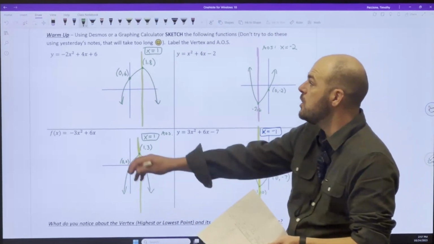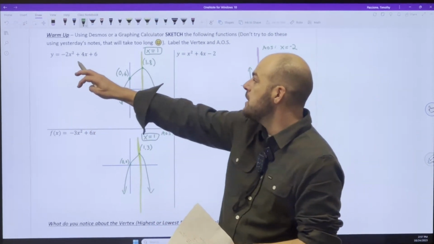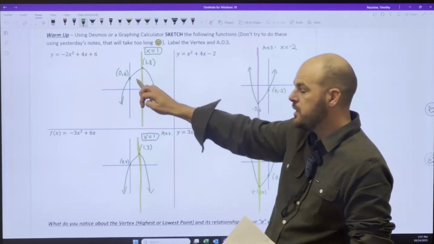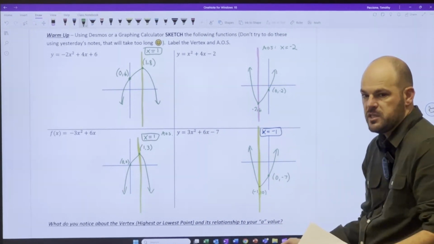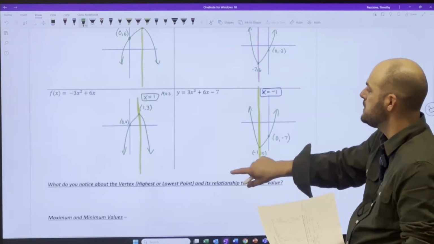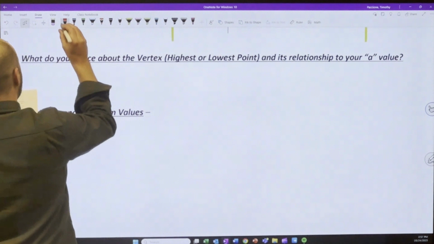Yeah, exactly. So if you have a negative, and we knew this already a little bit, you flip down, and you have a highest point. If you have a positive, you don't flip, and you have a lowest point. So we're going to talk about those, but let's write down that takeaway. Talk about those highest and lowest points today, okay?